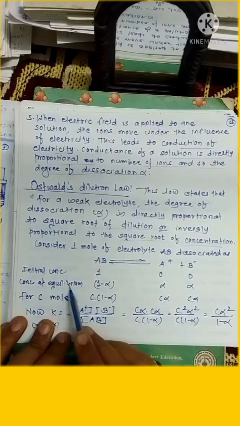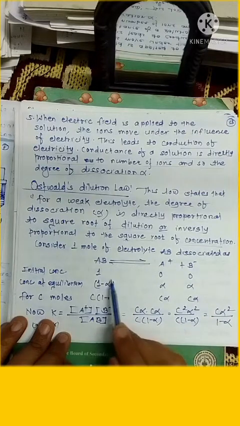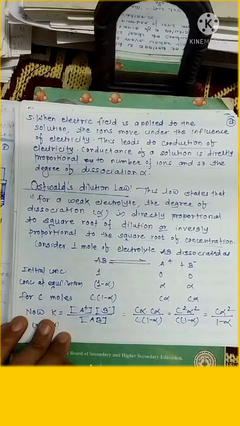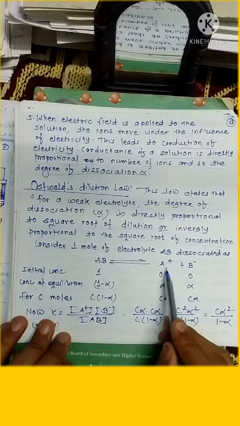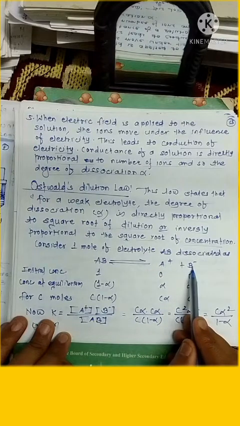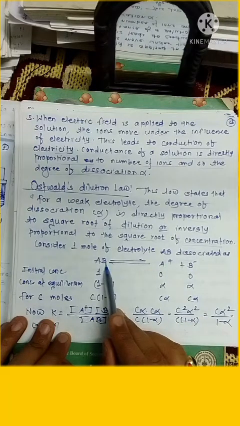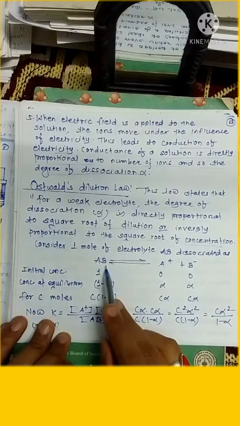Now concentration at equilibrium. According to Arrhenius theory, there is an equilibrium between dissociated ions and undissociated molecules. So let alpha be the number of molecules dissociated.